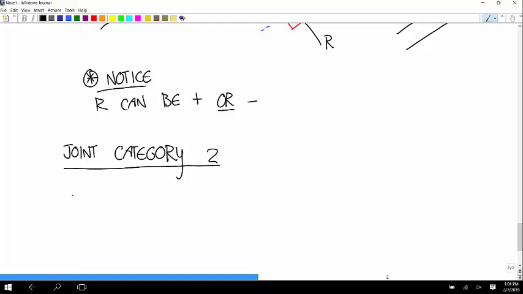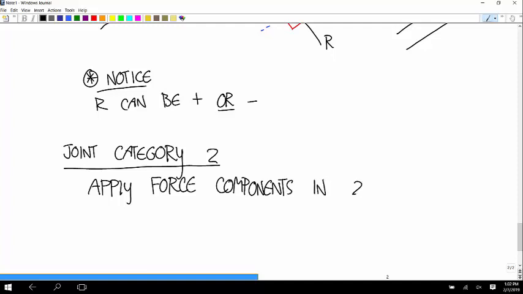And these are the ones that apply forces in 2 directions, force components in 2 directions. And so they introduce two variables into Newton's laws.